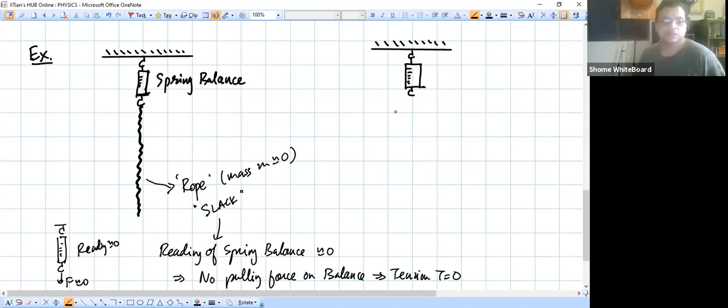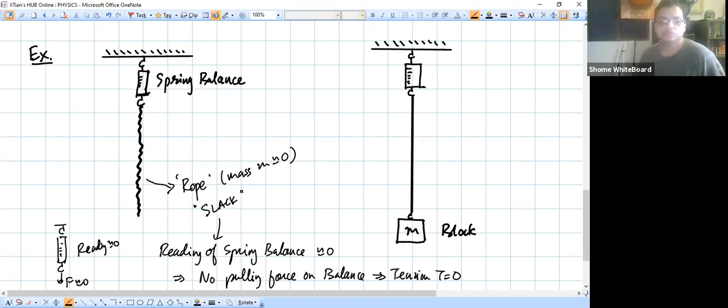So now what will happen is, if we attach a mass to the string or the rope or whatever, okay, so we've attached a block.